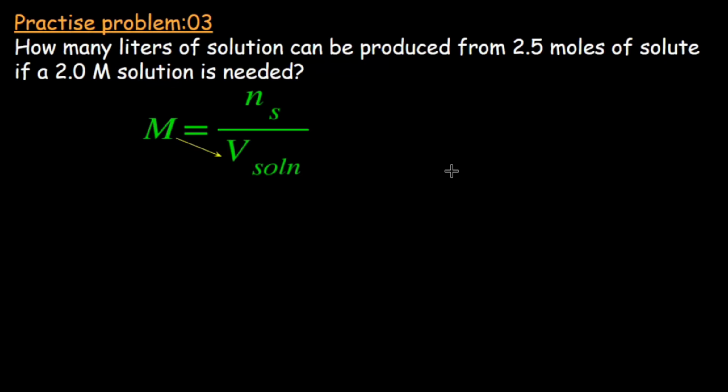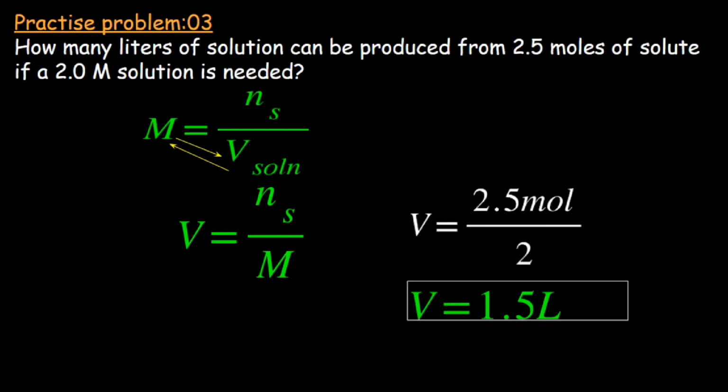So rearranging this equation and exchanging the position of molarity and volume, it can be written as volume equals number of moles of solute divided by molarity of solution. Putting the data, the volume is calculated as 1.5 liters.